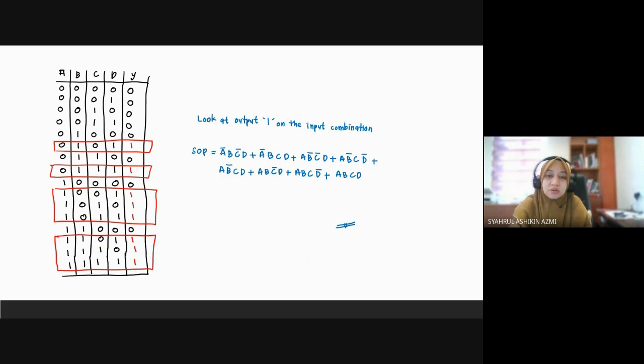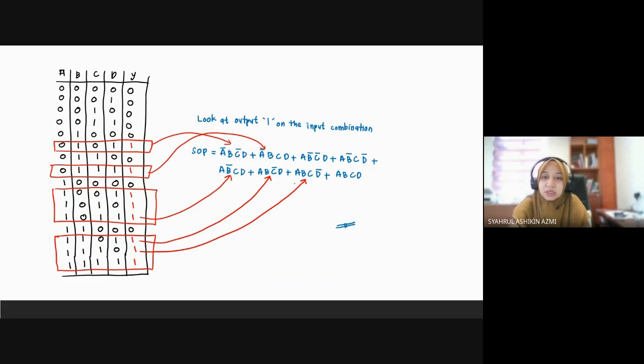So this A bar, B, C bar dot D is the first term here. Then 0111, which is A bar dot B dot C dot D, this one here. 1001, which is A, B bar, C bar, D. And then 1010, so A, B bar, C, D bar. 1011, so A, B bar, C dot D, this one here. 1101, so A, B, C bar, D, this one.